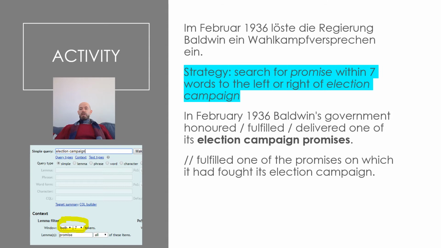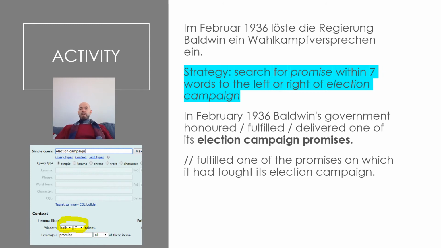Or you might find alternatives like fulfilled one of the promises on which it had fought its election campaign, because here election campaign occurs within 7 words of promises, and this is a nice alternative. You fight a campaign on a particular promise.